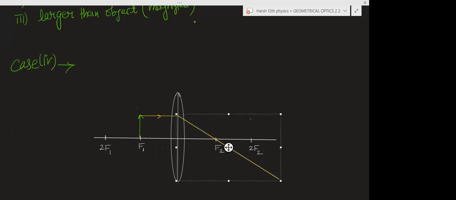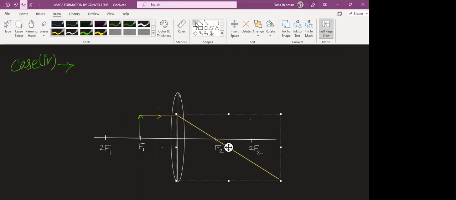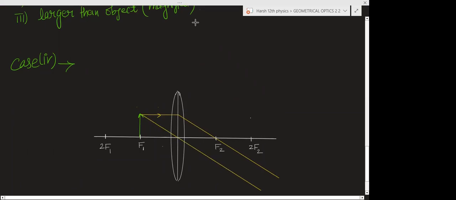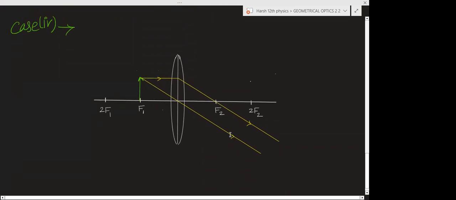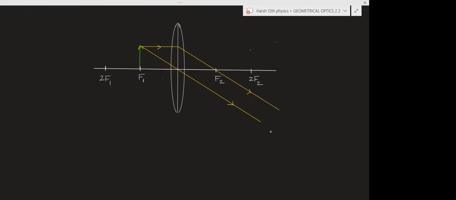Another ray from the object passes through the optical center. Now both the rays are parallel, and parallel rays meet at infinity. So the image will be formed at infinity, and very, very large compared to the object.